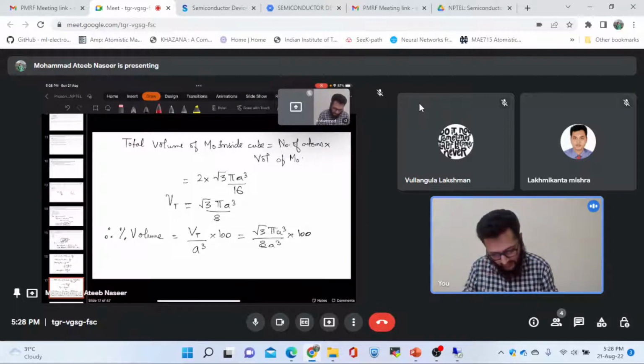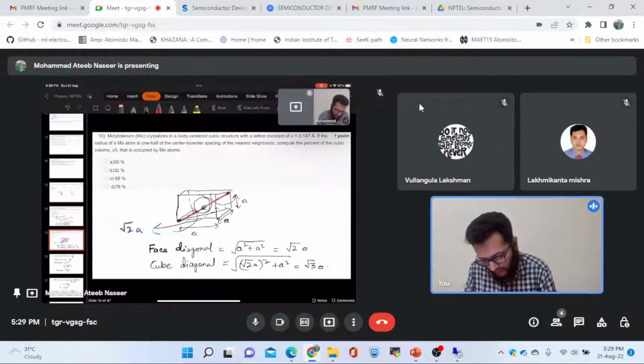Since a cube and a cube will go, we will be left with root 3 into pi divided by 8, and it will come out to be approximately 68.01. So we will write it to be equal to 68%. In here, only option C is close to 68.01, so option C will be the correct option to go with.